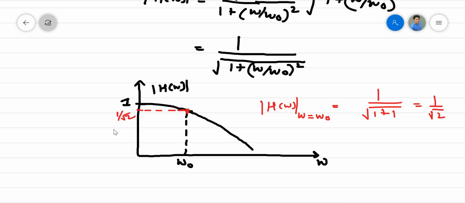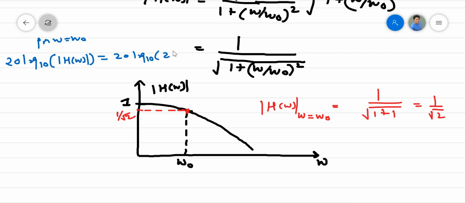Now why is this magnitude important? We will just see this particular part. Generally this curve is plotted in decibels. So if you find the decibel value of the magnitude of H(omega) at omega equals omega naught, which is 1 by root 2, it is 20 log base 10 of mod H(omega), for omega equal to omega naught, which is 20 log base 10 of 2 to the power minus 1 by 2.